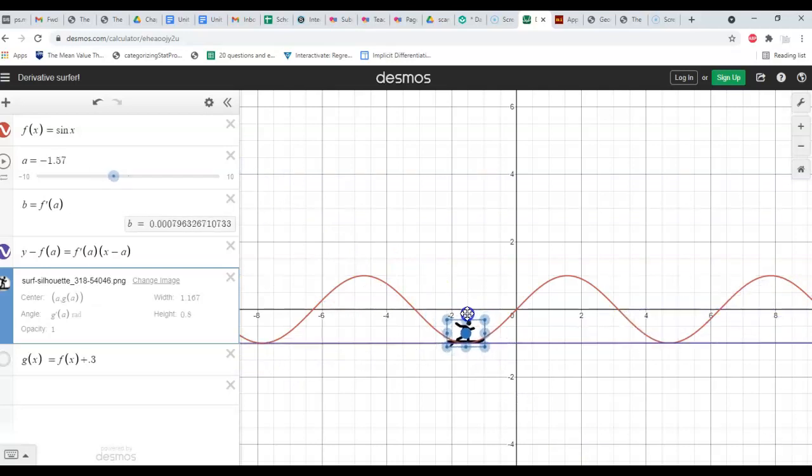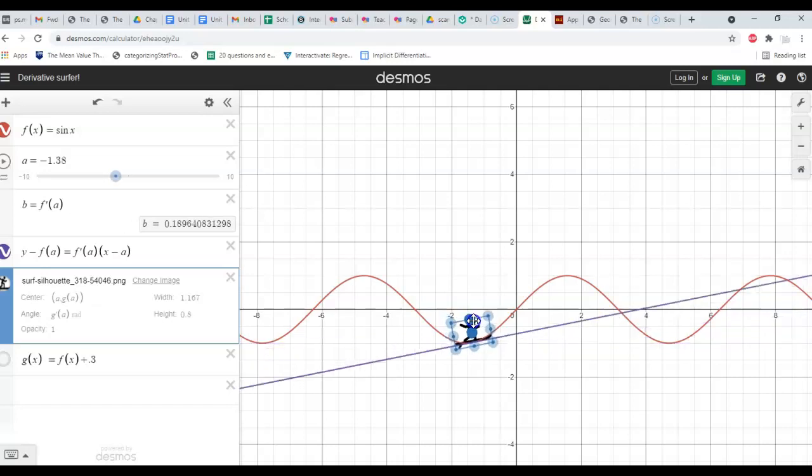Right now? Nope. Not there yet. What is it now? Approximately. It's pretty darn accurate. So your tangent line will be 0 there. So let's do this. What's my slope now? 0.